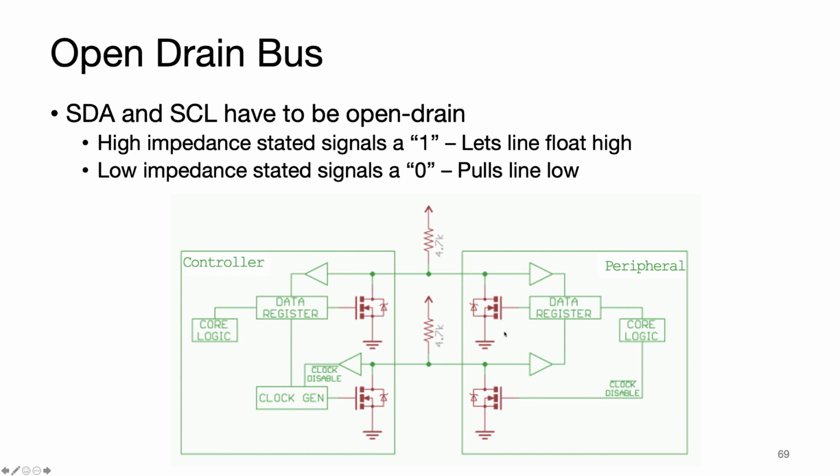You can transmit and receive on that one data line without worrying about bus contention, where 2 devices are trying to drive at the same time. That could cause problems if somebody's trying to drive a high and another chip is trying to drive a low. That's a lot of current that's going to get sunk, and it's likely that you'll burn something up.